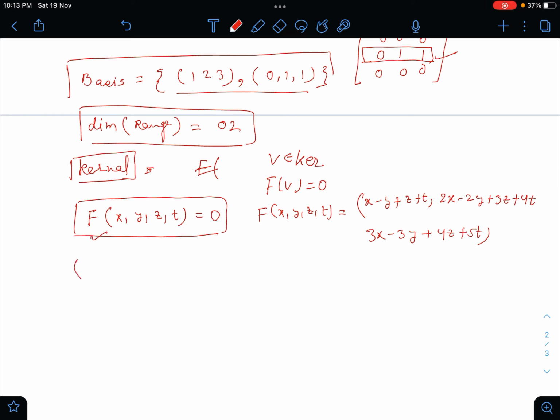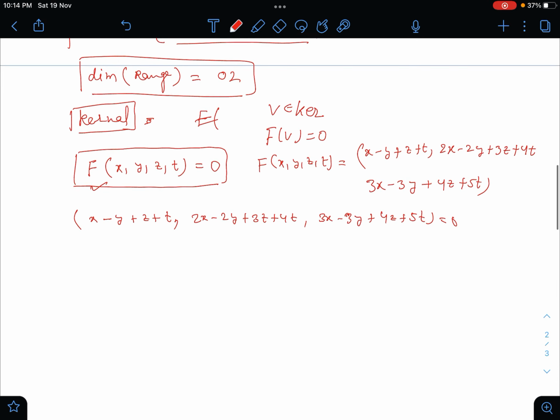That means (x - y + z + t, 2x - 2y + 3z + 4t, 3x - 3y + 4z + 5t) is equal to 0, where 0 means (0, 0, 0) in R3.